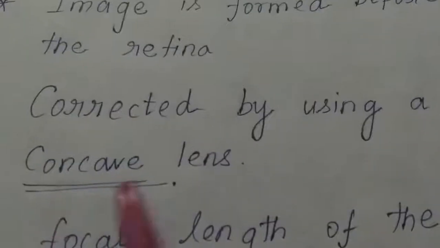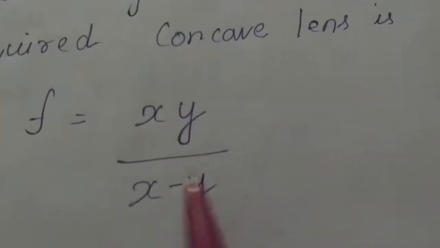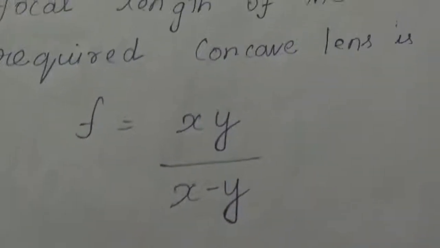Myopia is corrected by using a concave lens. The focal length of the required concave lens is f equal to xy divided by x minus y.